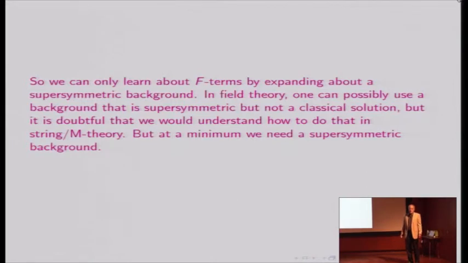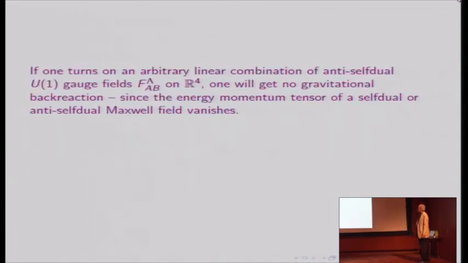In other words, if turning on the graviphoton background results in back reaction on other fields, you need to know something about the other fields to understand your one-loop computation you eventually want to do. So we can't just say we'll calculate in a hypothetical background. We need to know that the background we're going to calculate in exists, and we need to know something about it.